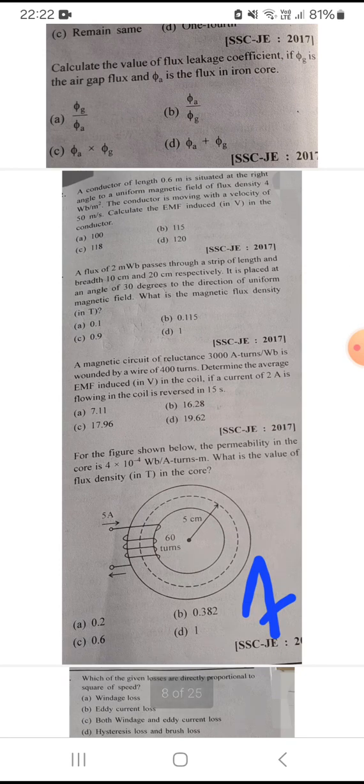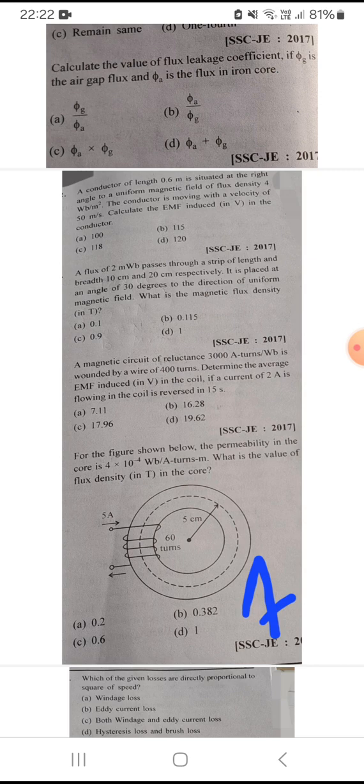Next, a conductor of length 0.6 meter is situated at the right angle to a uniform magnetic field of flux density 4 Weber per meter square. The conductor is moving with a velocity of 50 meter per second. Calculate the EMF induced in the conductor.